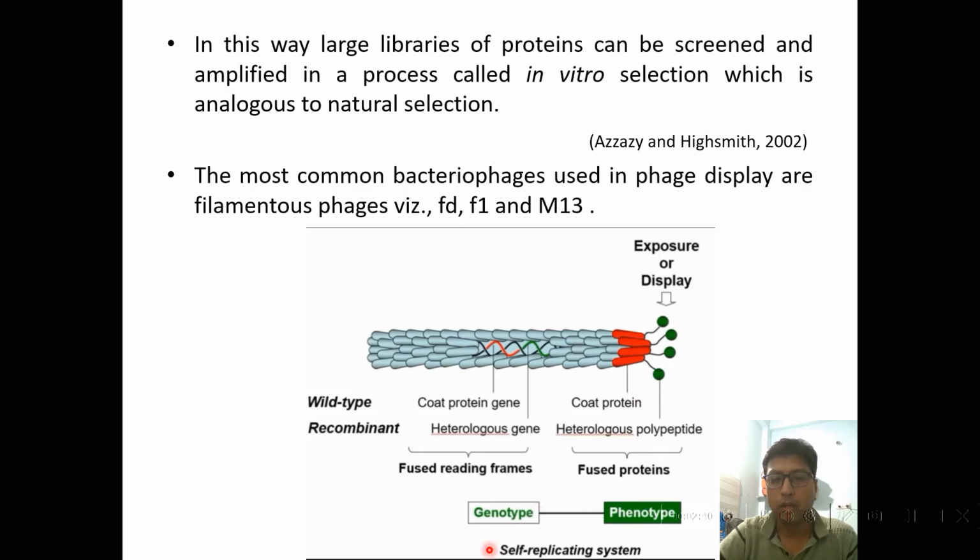It means we can match what is inside genotypically with what is expressed outside phenotypically. On that principle, because of the same genotypic and phenotypic expression, we can determine either the sequence of the DNA or the sequence of the amino acid peptides outside.